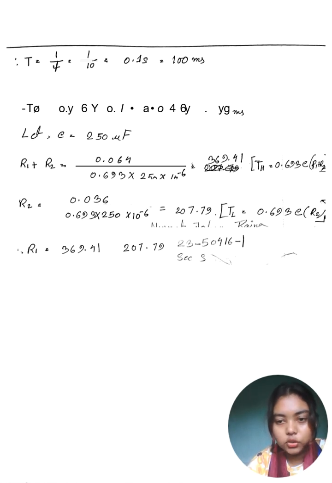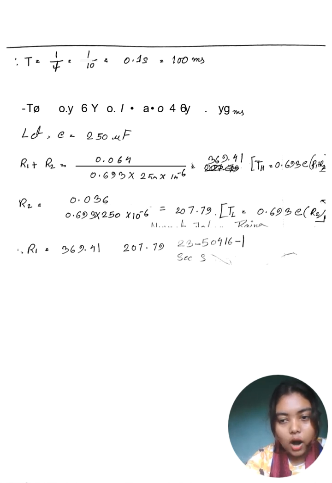The page shows calculations to determine the values of resistors R1 and R2 used in the astable 555 timer circuit using a given capacitor value C, 250 microfarad, and the standard 555 timer equations for TH and TL. The calculation for R1 plus R2 uses the TH value and the capacitor value.